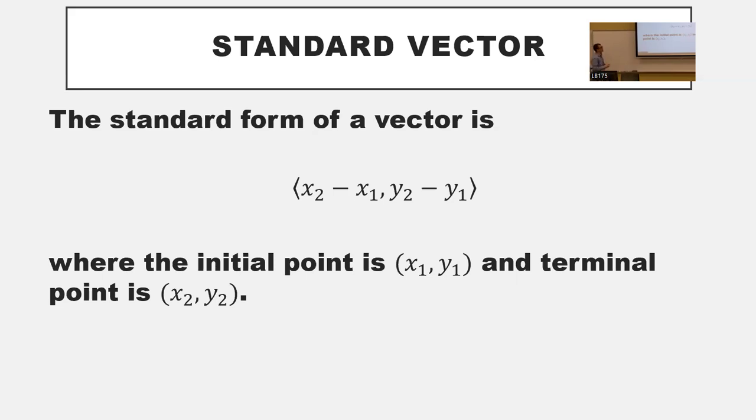And then we put these sort of vector brackets around that. So it kind of looks like an ordered pair, just with vector brackets. So how far we traveled in x, comma, how far we traveled in y. Right.